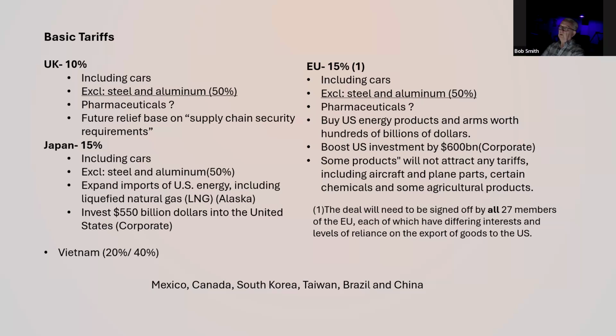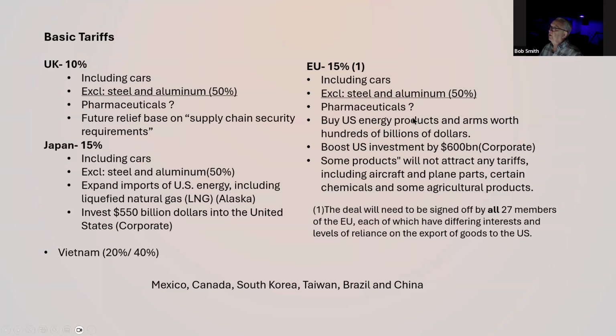And the EU and Japan have investment targets, 550 billion, 600 billion. But they're corporate investments, and neither group has the power in their government, of course, to force a corporation to invest overseas. Some have already talked about their intentions to do so, but they may be dragging their heels quite a bit.